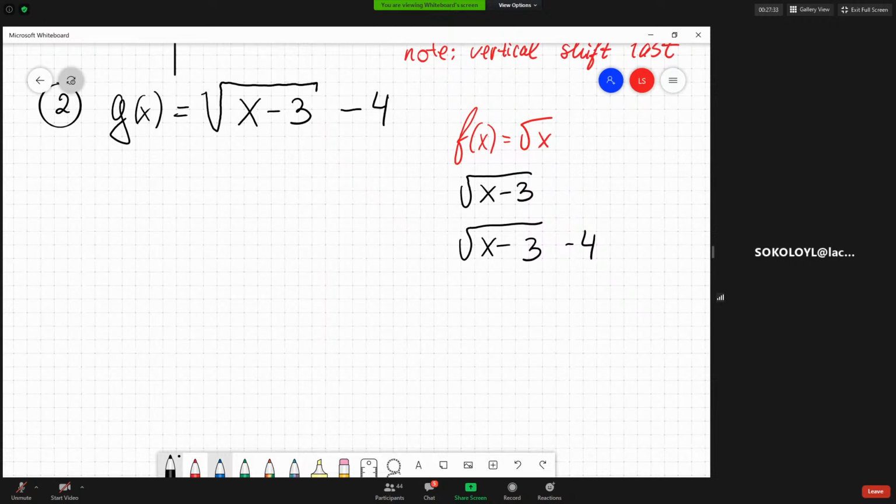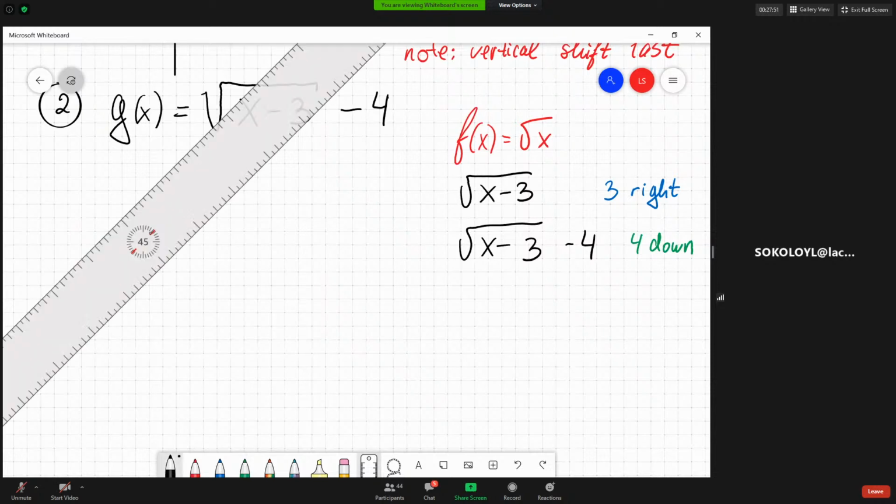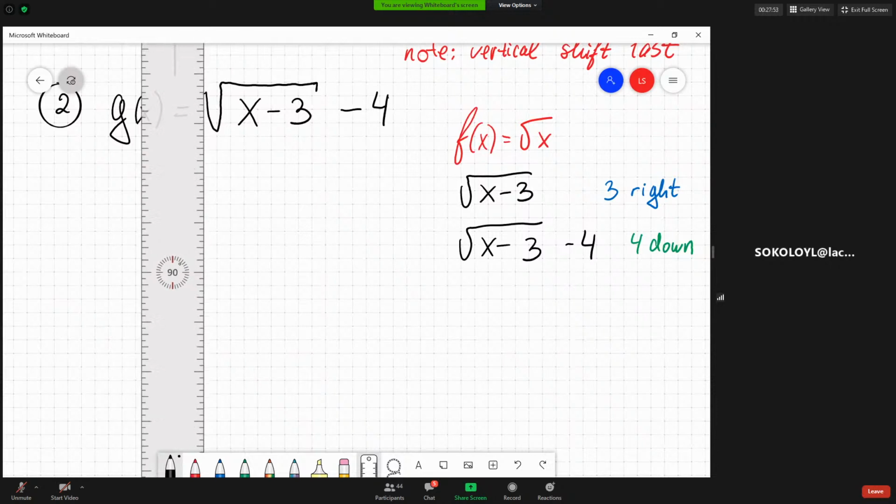So the first transformation tells me 3 units to the right, and the second transformation will tell me 4 units down. But again, if you only have these two shifts, then you can apply them at the same step. That would be perfectly okay.